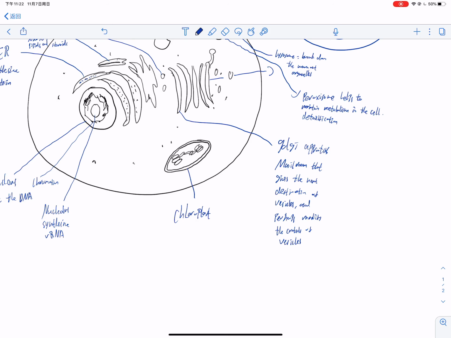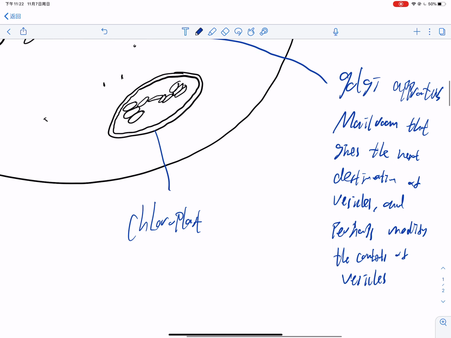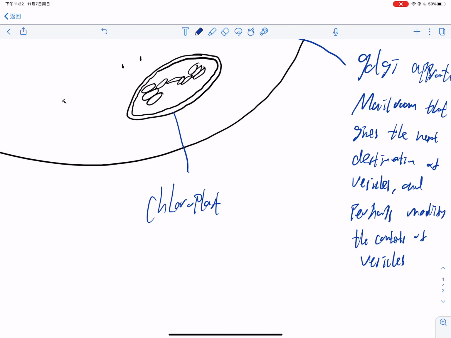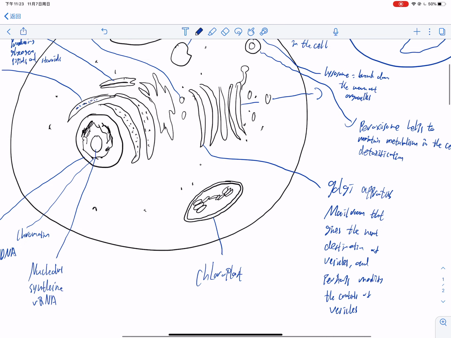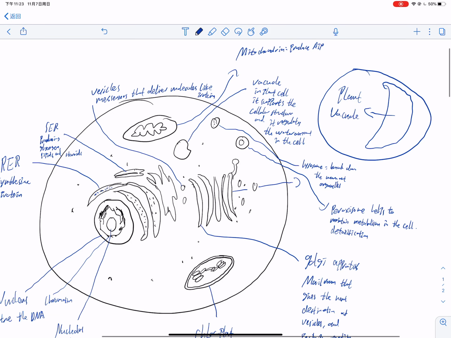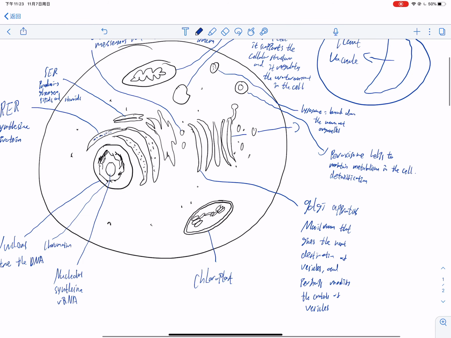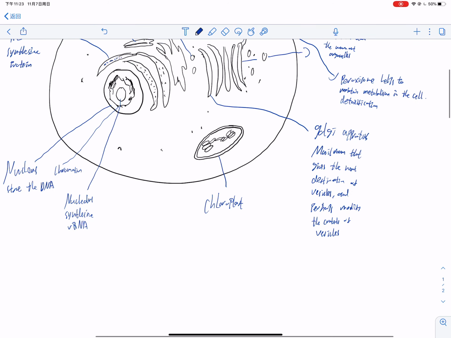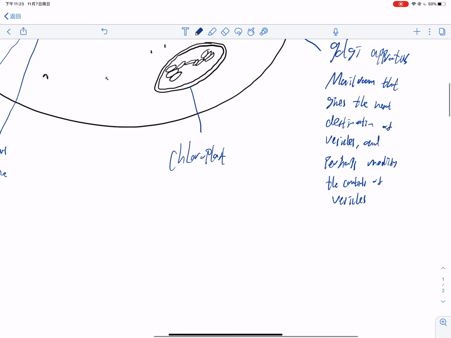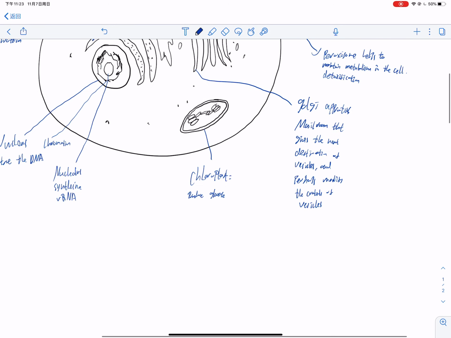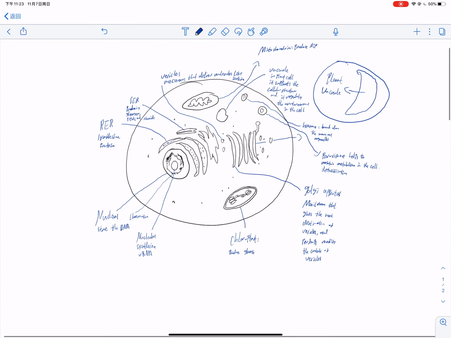Chloroplast is an organelle that is really important in plant cells, and it is absent in animal cells. Remember that you still have a vacuole in animal cells, but it doesn't really do much there. In contrast, animal cells just don't have chloroplasts. The chloroplast in plant cells will produce glucose. And we will talk about how the process works in the cellular energetics unit with mitochondria.